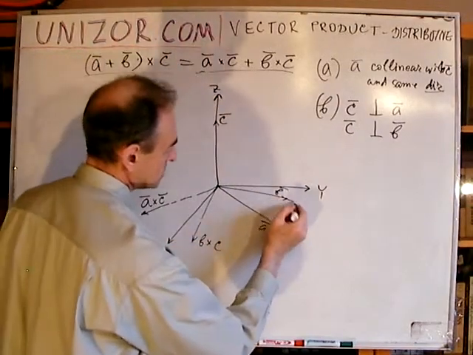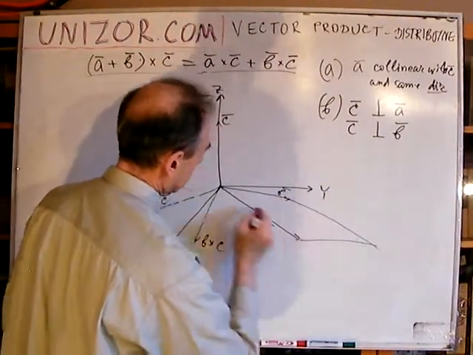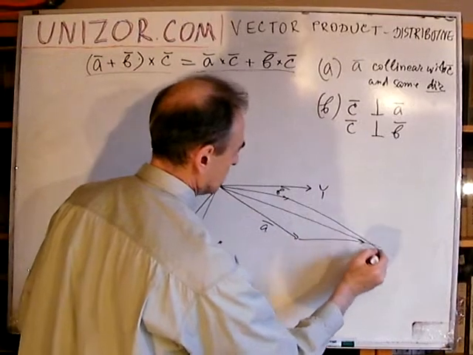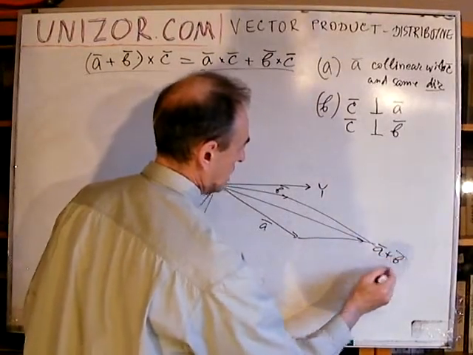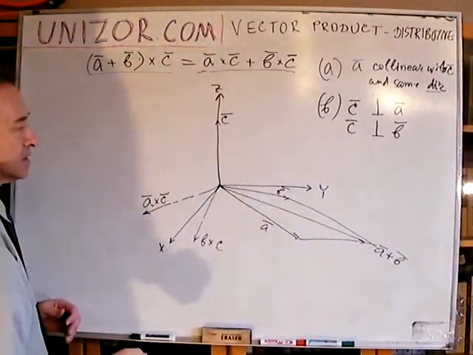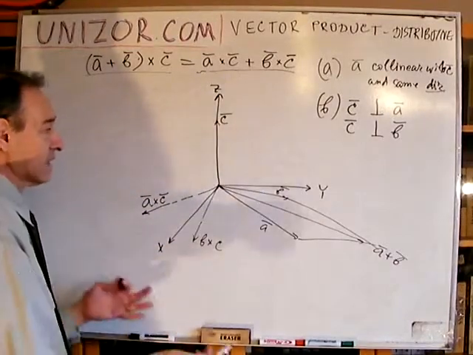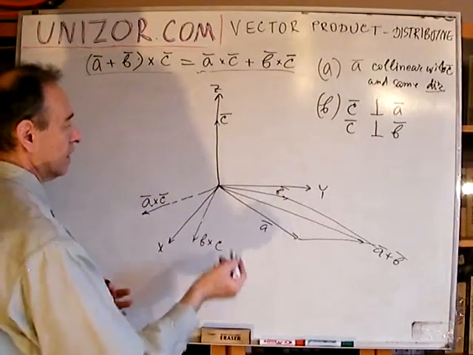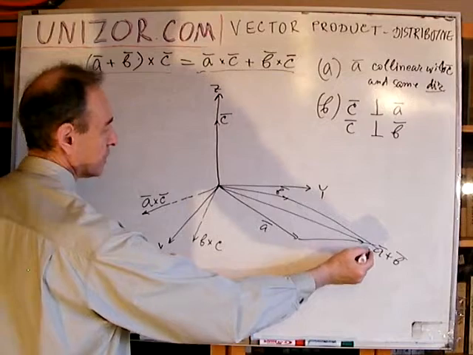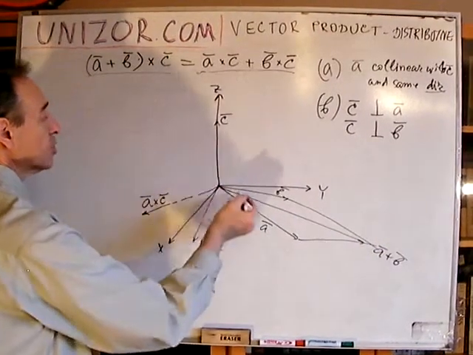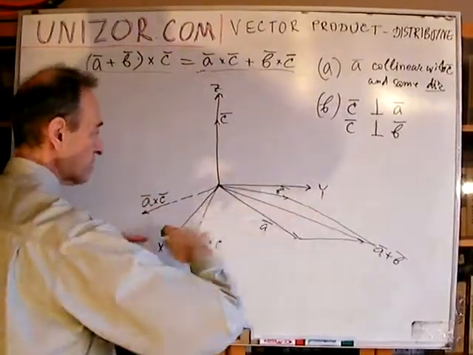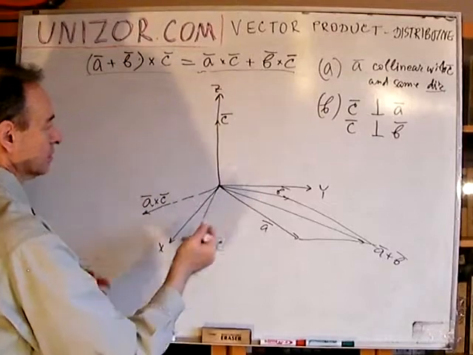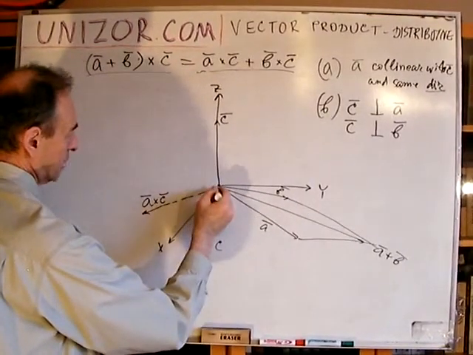Now, A plus B, again, let's put this parallelogram. This is A plus B. A plus B is in between A and B. And the result of the multiplication of A plus B times C should also be within this plane, because it's supposed to be perpendicular to C, and probably in between here.